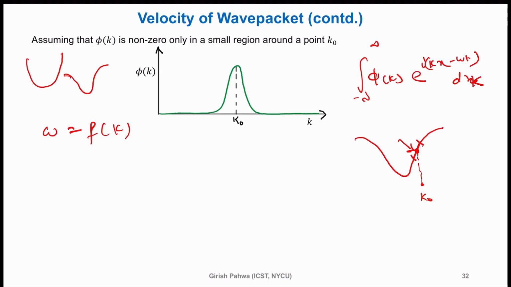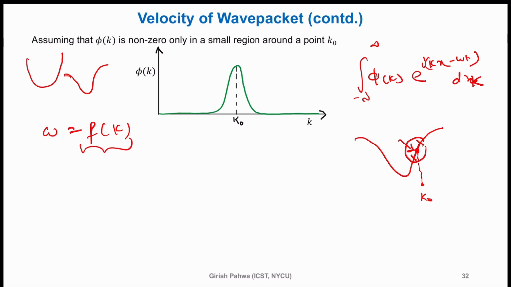Yes, so this is what I'm going to do. Although the full relationship between omega and k is non-linear, if I pick a small portion of that, it is approximately linear. So I'm going to linearize this thing.